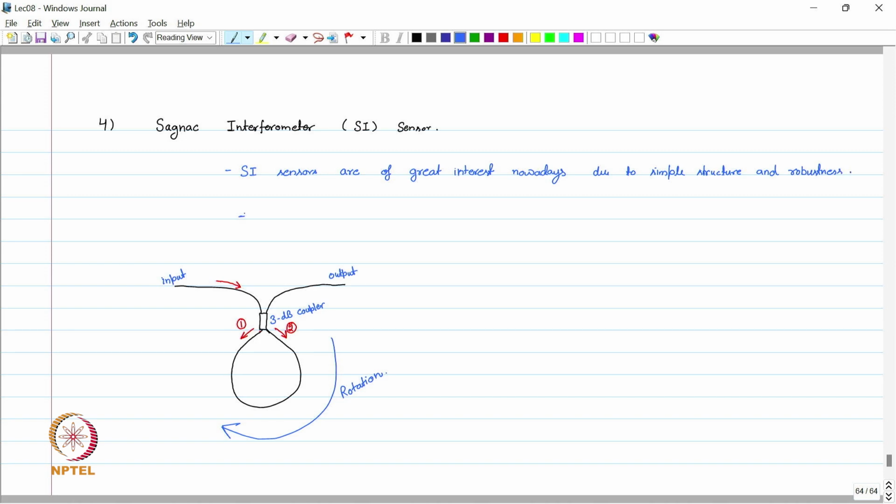In this, a beam of light is split and sent in opposite directions.